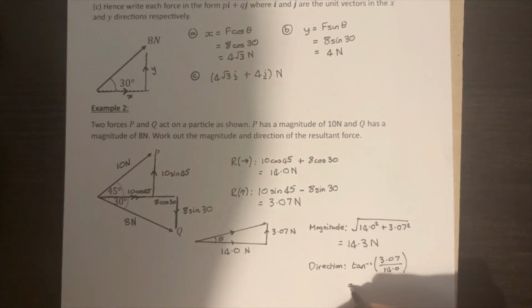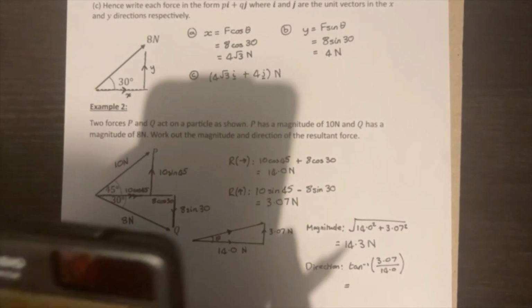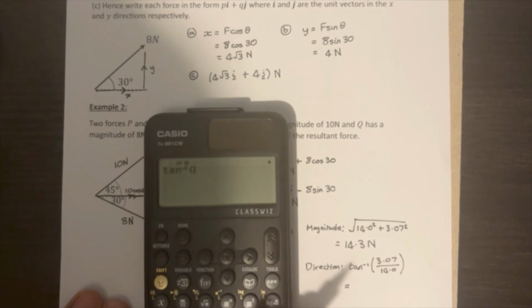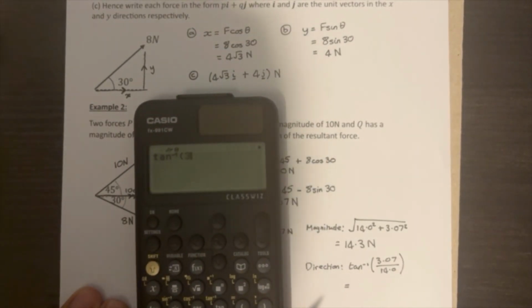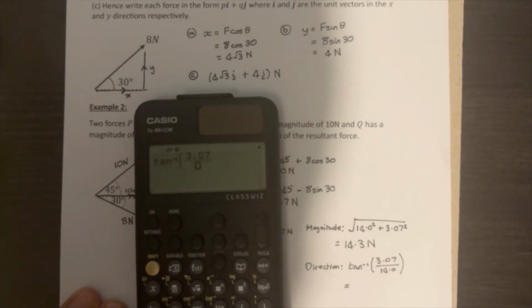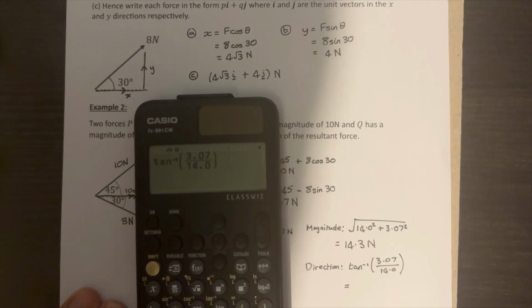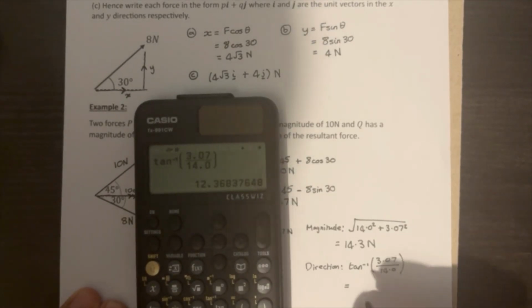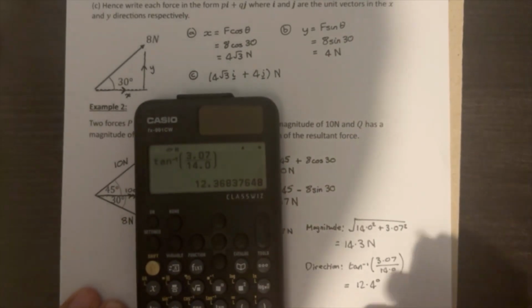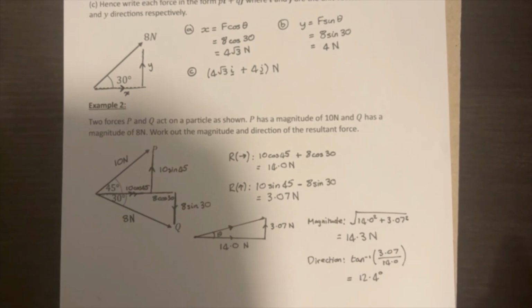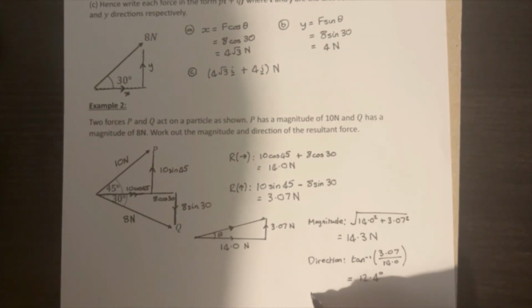That's going to allow us to find our angle. So if I do inverse tan of 3.07 over 14.0, then that is going to give us 12.4 degrees. We'll round that again to one decimal place.